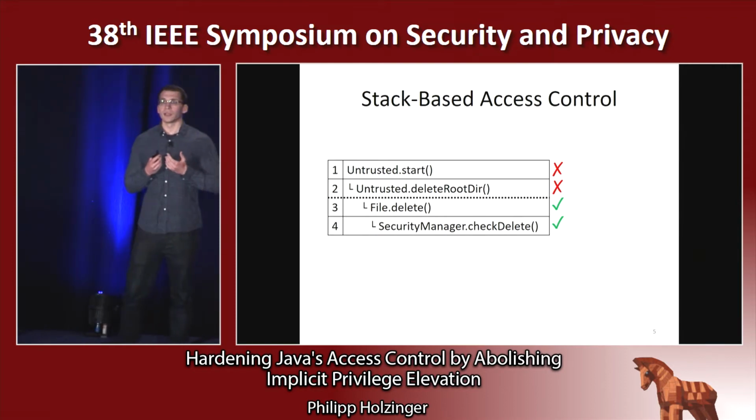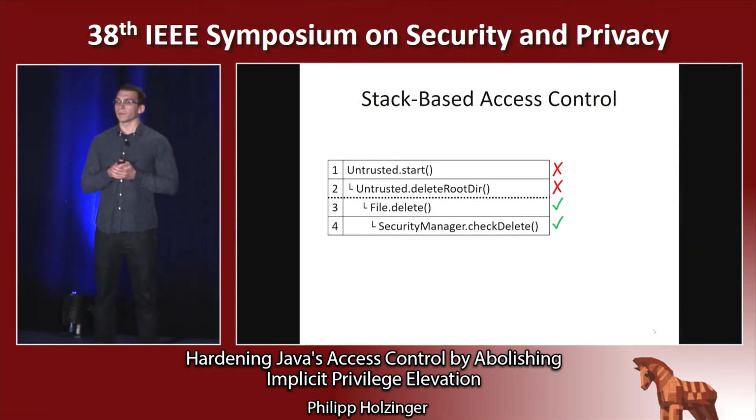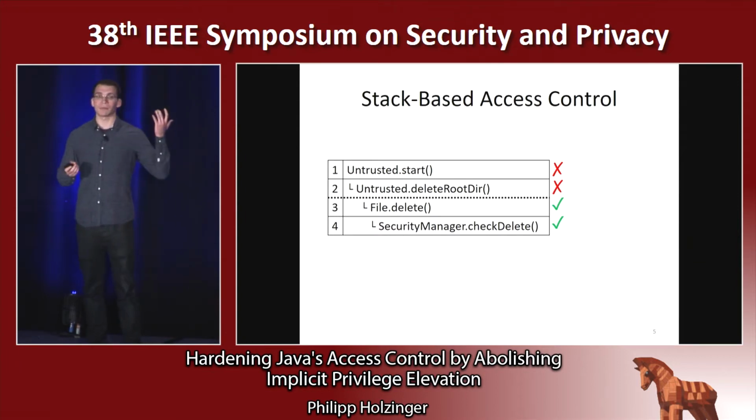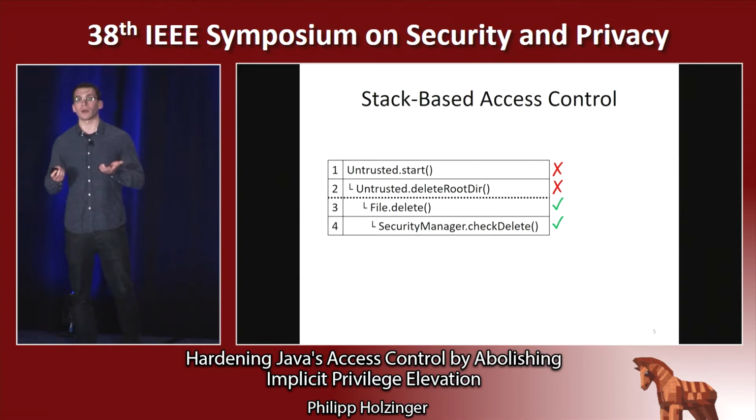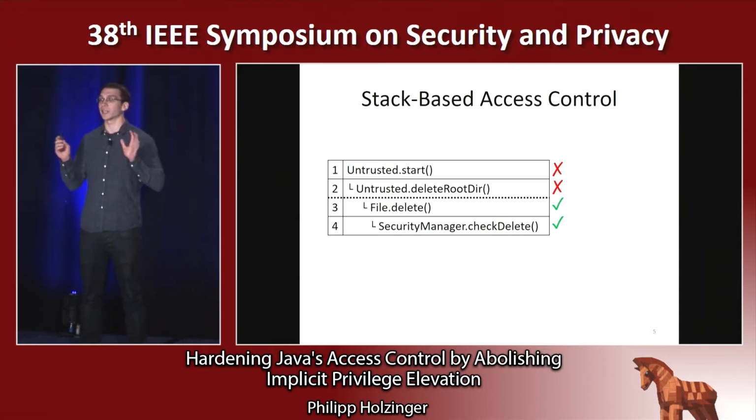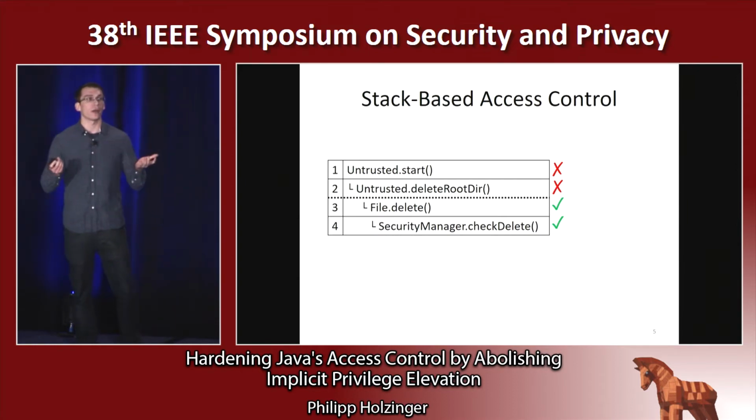We can, however, assign privileges to code of application classes using a customized policy file. In this example here, we decided to grant no privileges to our application code at all to make sure that it is securely contained and cannot harm our system.